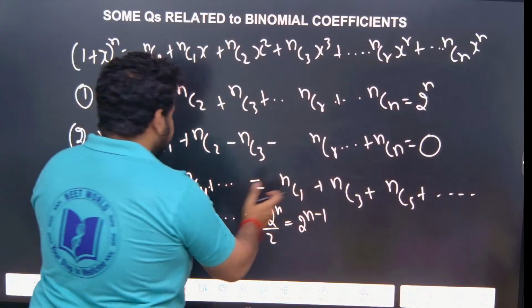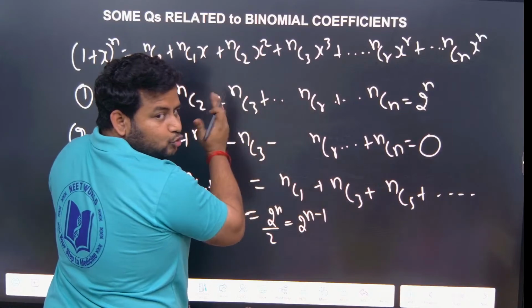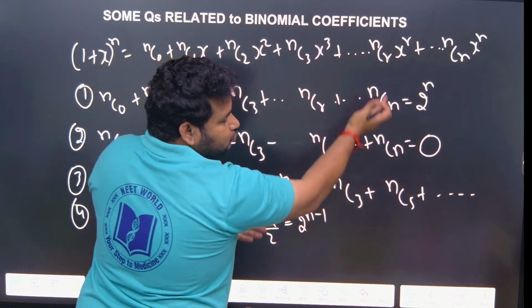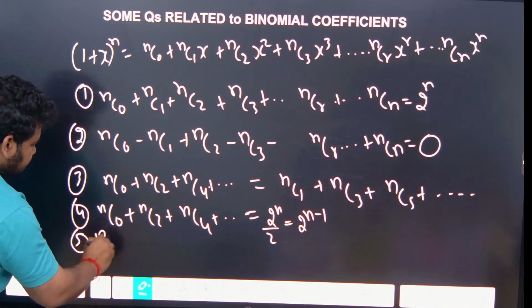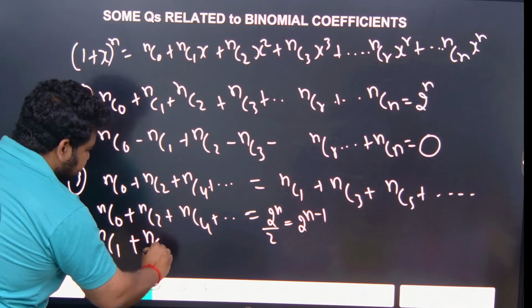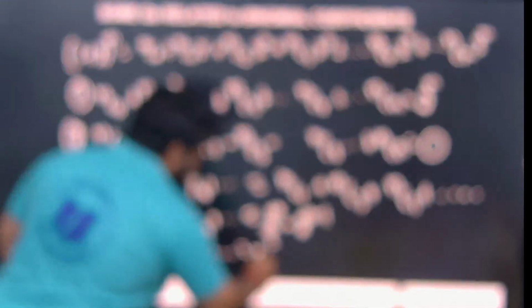This and this are equal, so instead of these terms I can write the same term, which becomes 2 times this. So 2^n by 2, that is 2^(n-1). The same for nC1 + nC3 + nC5 and so on, that is also equal to 2^(n-1).